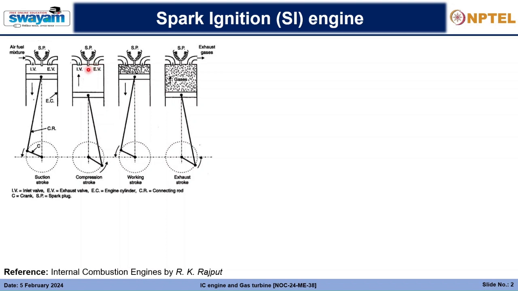So here, as the fuel ignites, the phase changes from the liquid phase to the gaseous phase. You will know that the specific volume of a liquid is very small compared to the specific volume of gases, because the density of gas is very low, right?